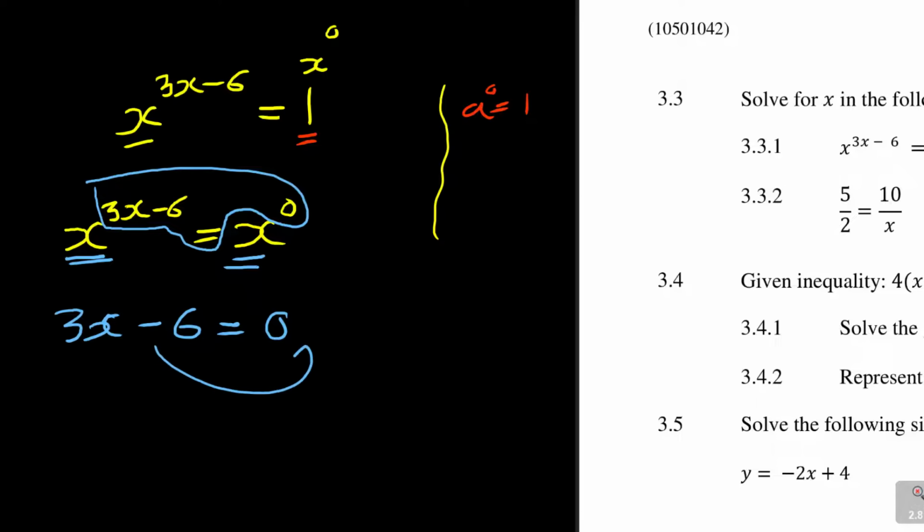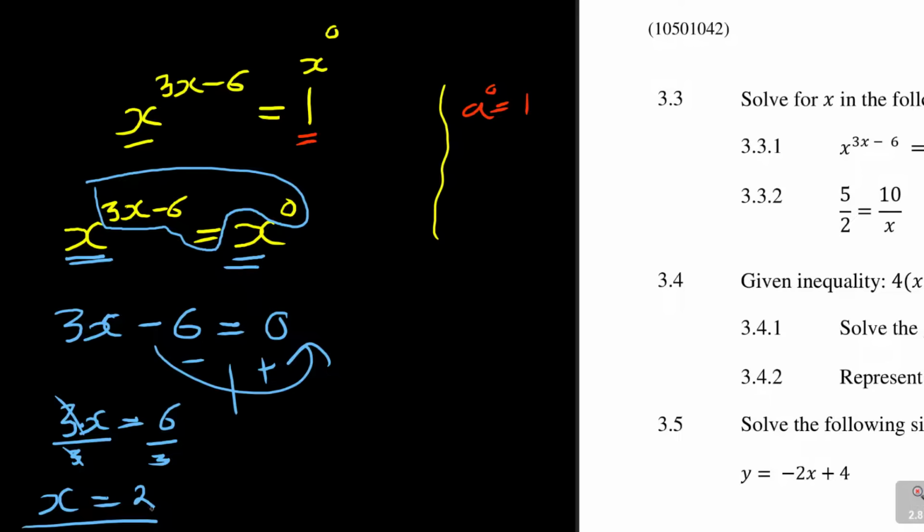That's when you take minus 6 from negative, jump the equal sign, positive. So you've got 3x is equal to what? 6. 3 times x, then I divide by 3, divide by 3, then you've got what? X is equal to 2. Then that's how they do it, but the trick was this part.